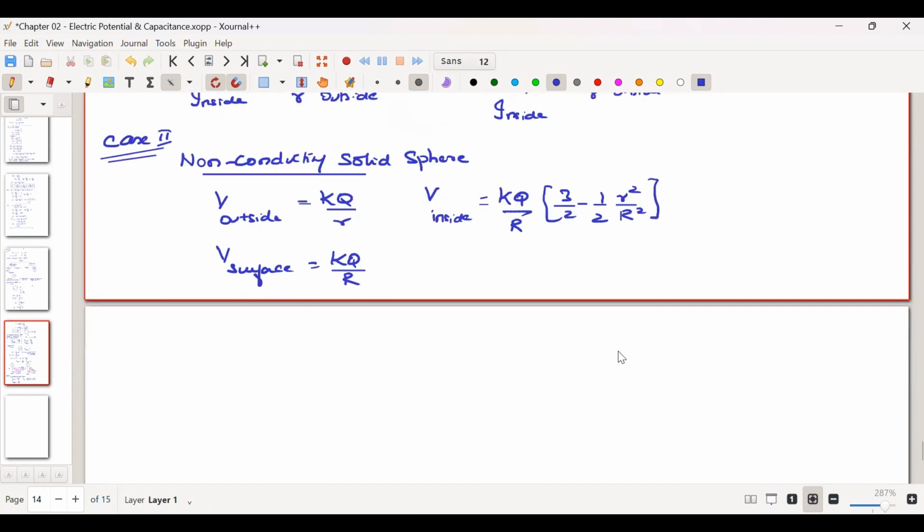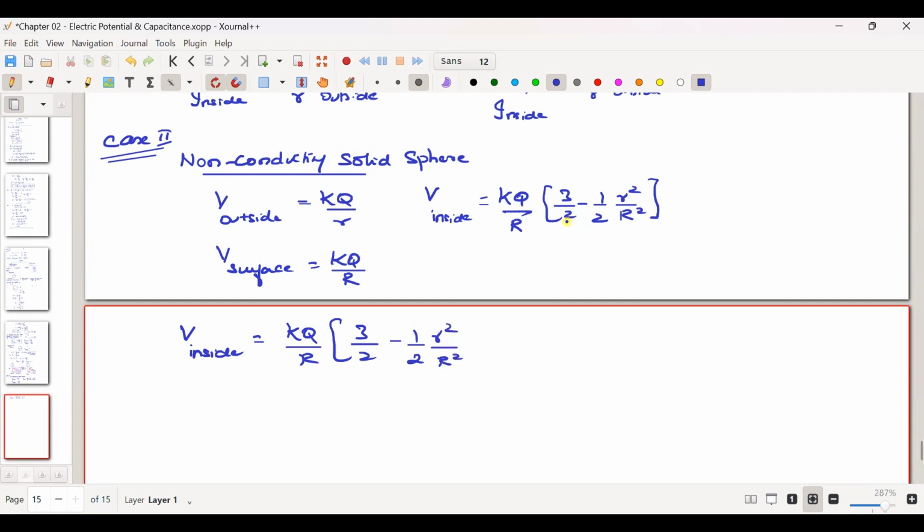Now, with this expression, let's say V inside is KQ by R times 3/2 minus 1/2 R squared by R squared. What will be the potential at the center? At the center, small r will be 0. So what will be V inside?